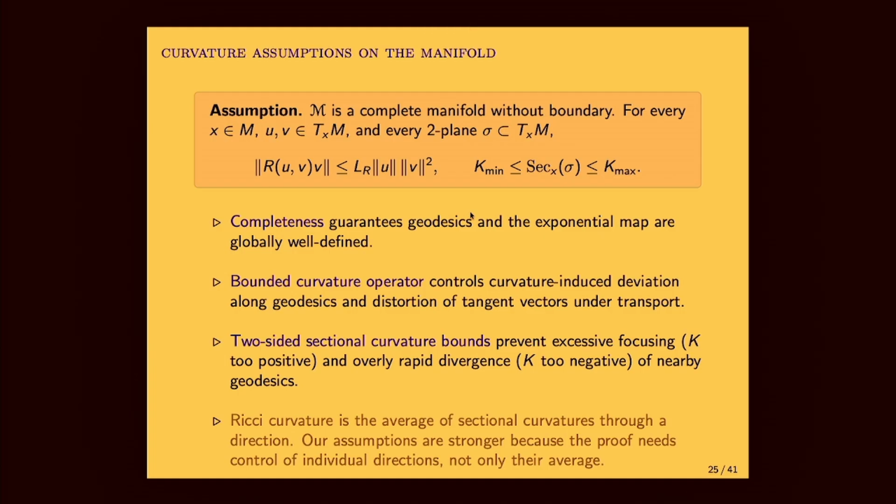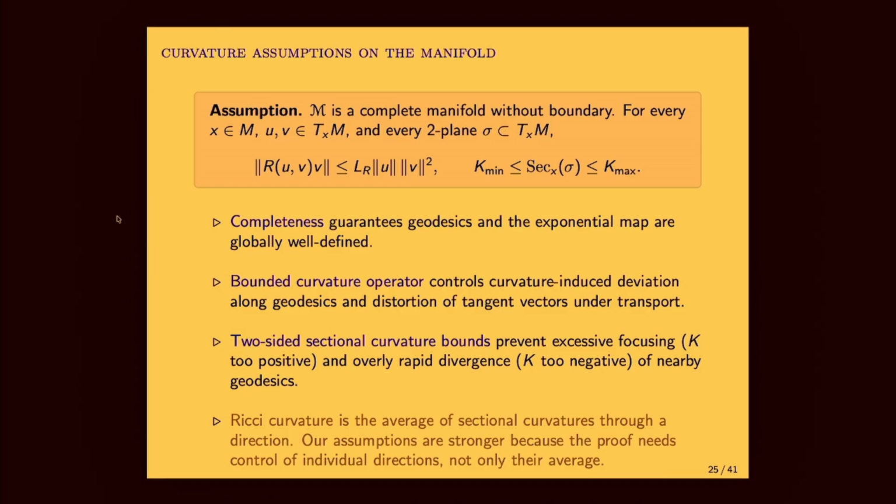So in our work, for both the compact and the non-compact setting, we are going to make this curvature assumption. The R here is the Riemannian tensor associated with this manifold. I'm not going to introduce the details. So we have to have a strong assumption on this Riemannian tensor itself and the sectional curvature of the manifold.